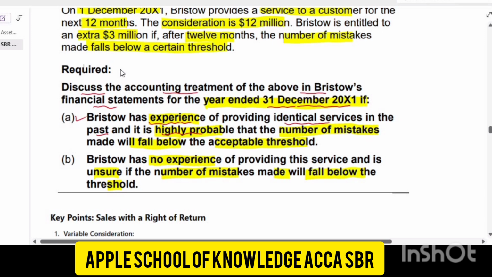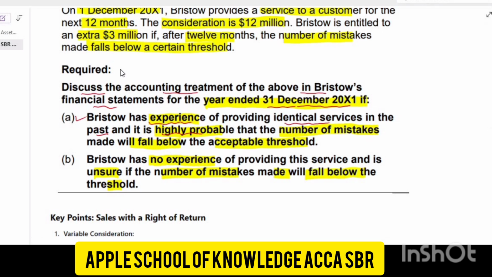It says that Bristow has experience, so there is a high probability that they will meet the target, and definitely they will get the extra 3 million. And in the second, they don't have experience, there's no probability, and they are unsure if the number of mistakes will fall.